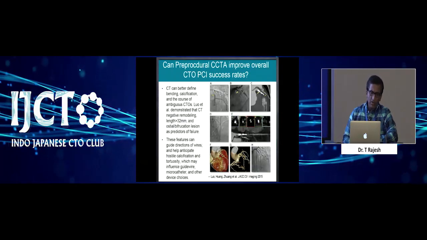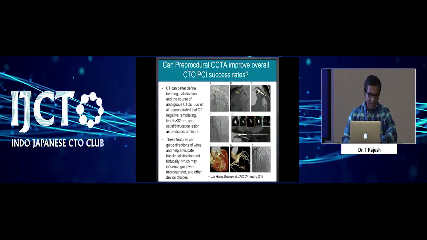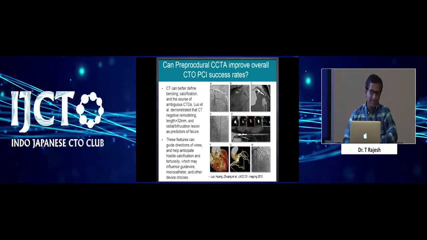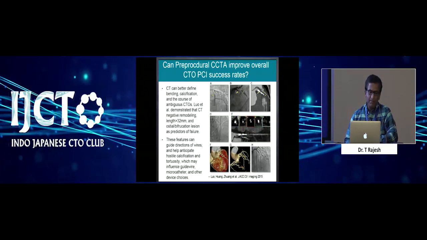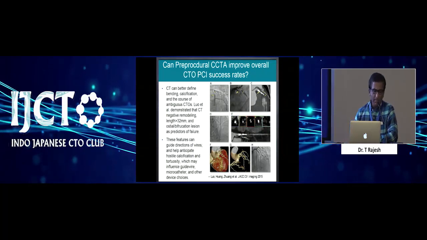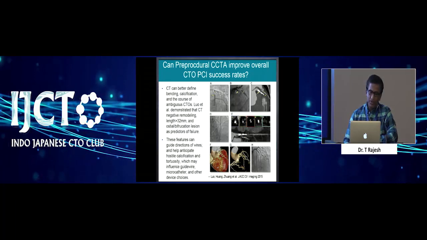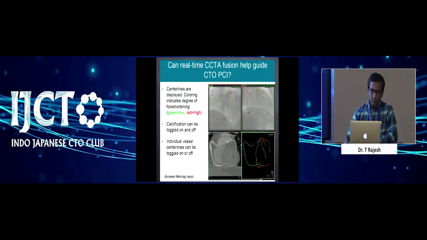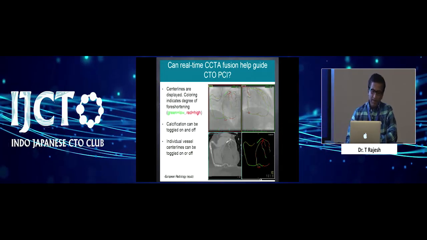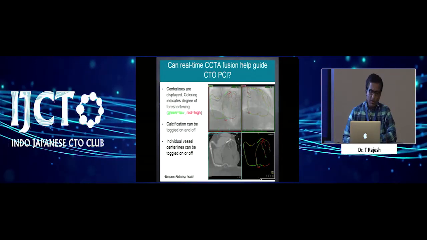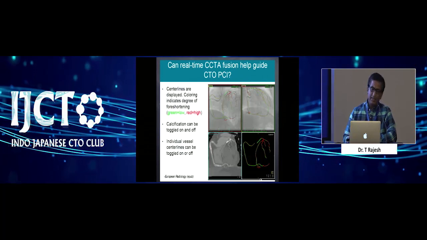Now, can a pre-procedural CT improve CTO PCI success rates? Yes, it can. It can better define bending, calcification, and the course of ambiguous CTOs, and hence achieve greater success with CTO recanalization. Moving away from what we have done so far, we have actually done what is called co-registering of CT images in the radiology lab.